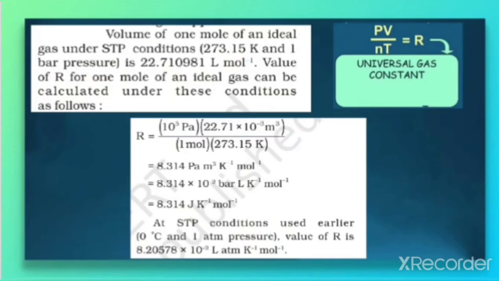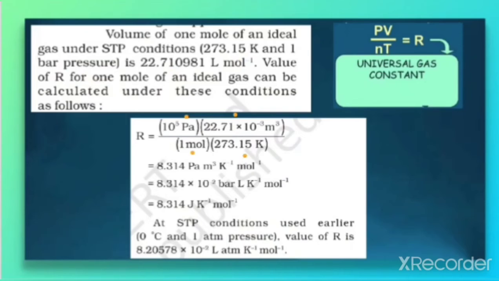But when we do it in terms of Pascal, the pressure is 10 raised to power 5 Pascal, the volume is 22.7 into 10 raised to minus 3 meter cube, n is 1 mole, and the temperature is 273.15. So this is in terms of SI units.